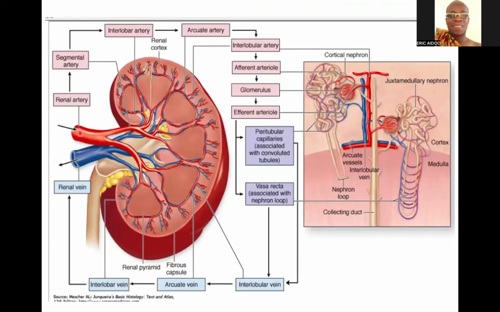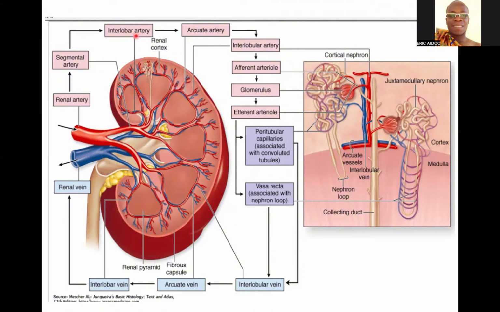So this describes the blood supply of the kidney. We can start our journey from the renal artery, which goes inside and forms segmental arteries. Then the segmental arteries go ahead to form the interlobar artery.